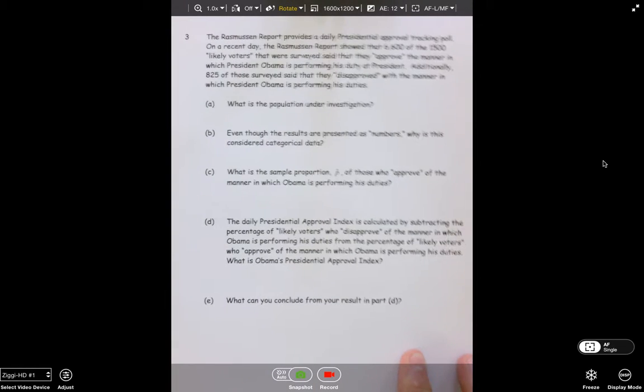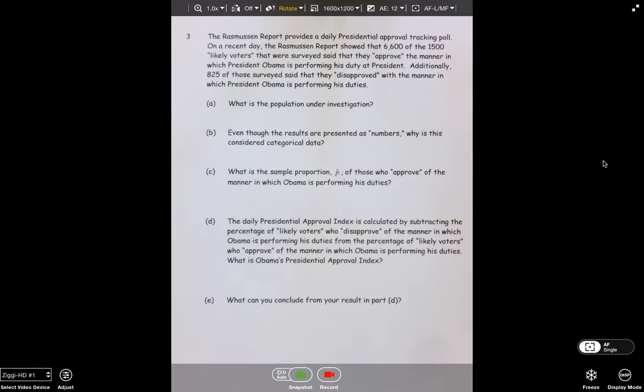Next thing, let's get into some real life data. And I got on the internet, and there's a place called Rasmussen. Now, these are brothers who report every day on what's called a daily presidential approval tracking poll, and it's actually kind of interesting what they do.